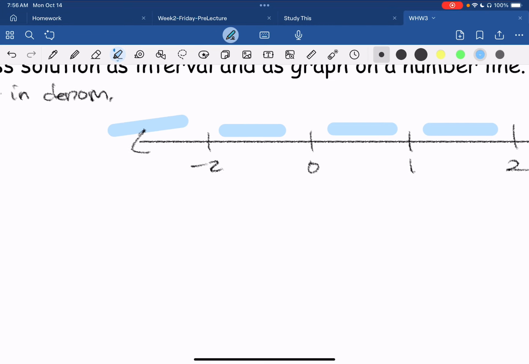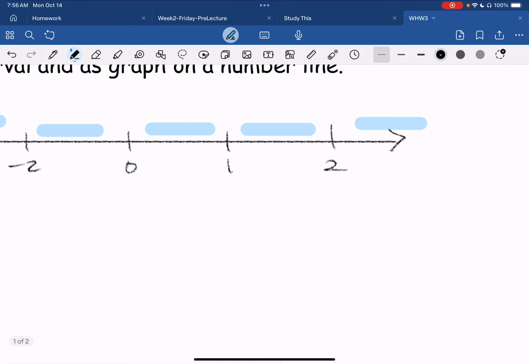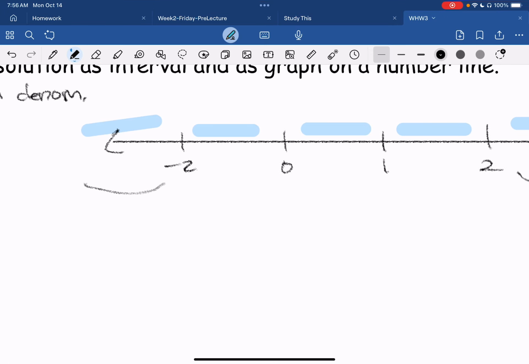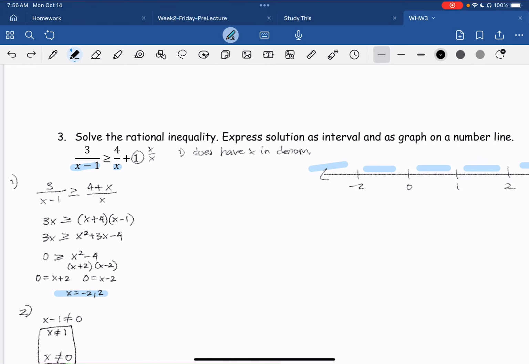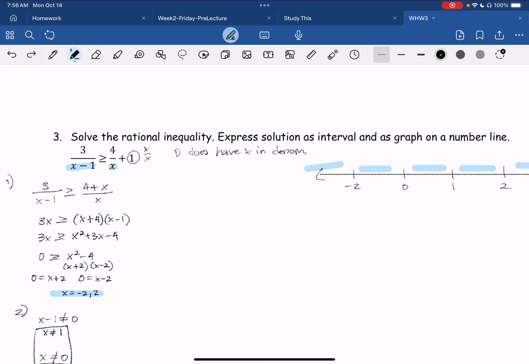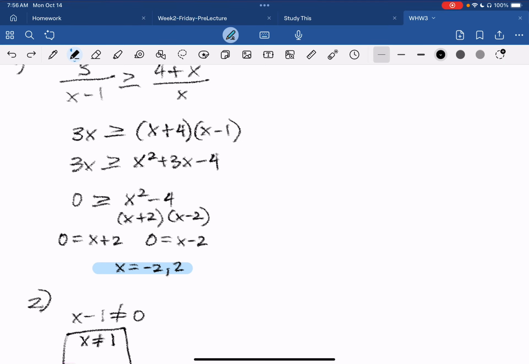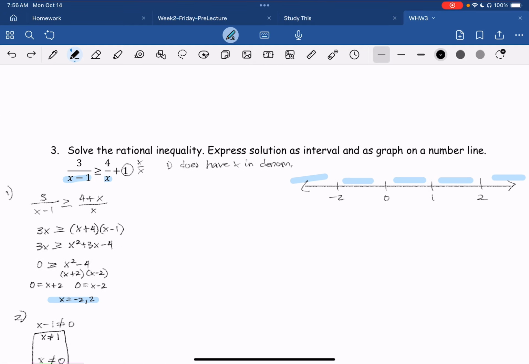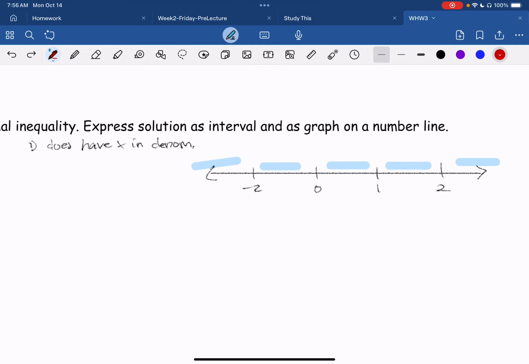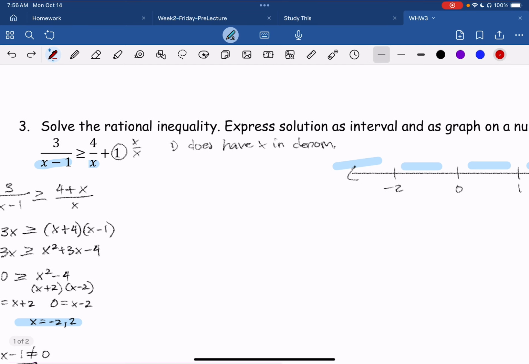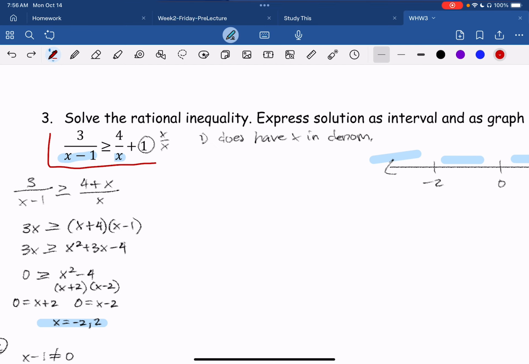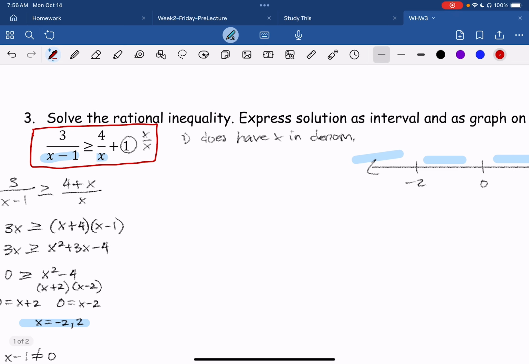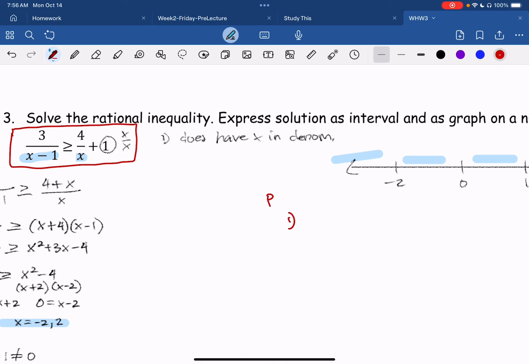But then again, I know that if the number does not work for 2, it wouldn't work for -2 either, because you would basically end up squaring at some point. But still, to be safe, I'm going to do it because the original inequality does not require me to square anything. So I'm going to plug in.